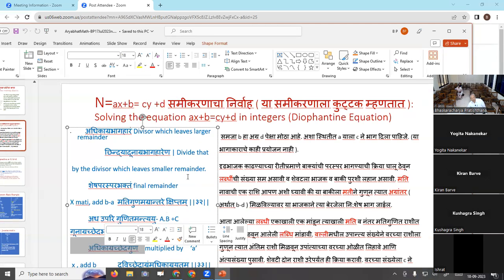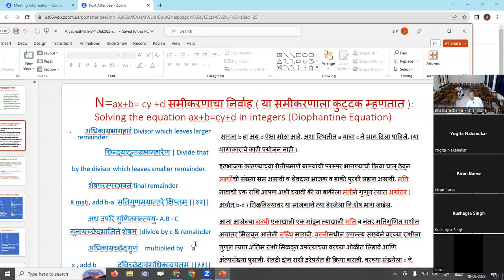So this is 34x plus 2, that was the thing. Adhikagra, that is ax plus b, that b which is larger, corresponding to that there is a. So multiply by a. And what is to be multiplied by a? Dvicheda agram, which means in your sequence, the last two numbers.